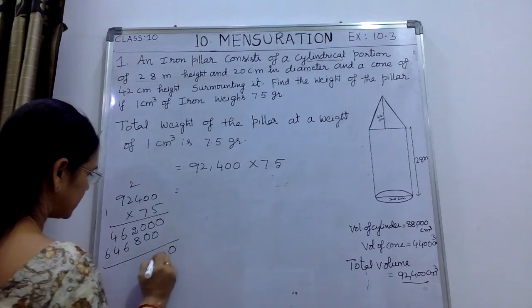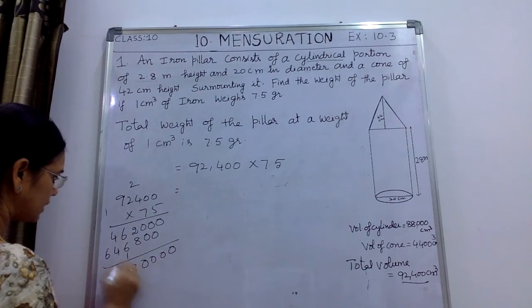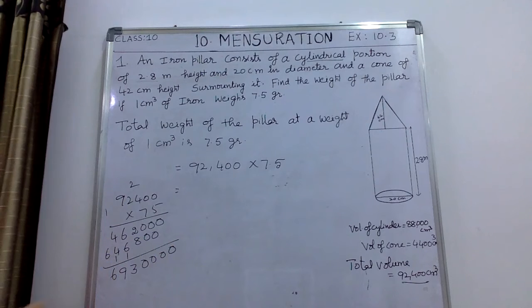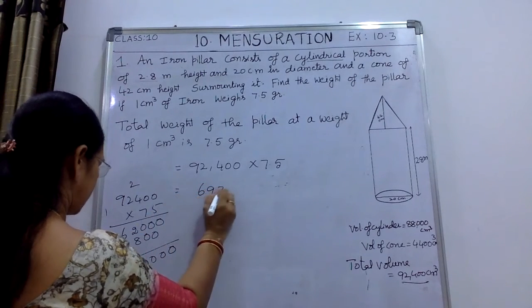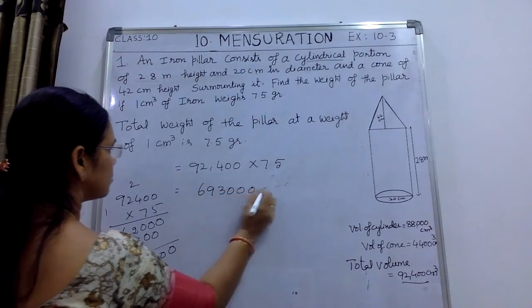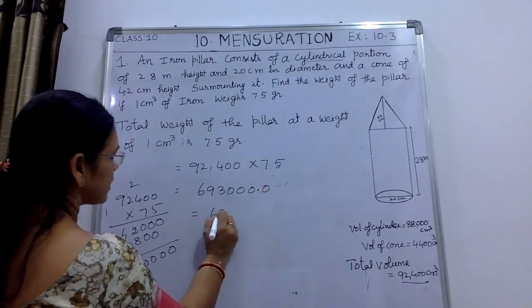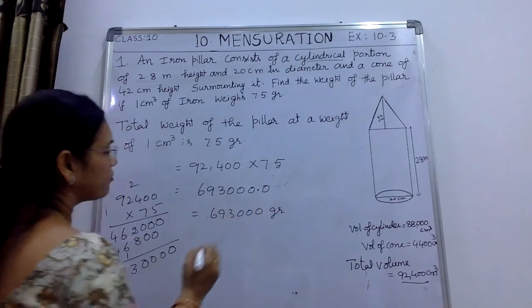So we are getting 693,000. There is one decimal point, so 693,000 grams of weight. This is the total weight of the pillar.